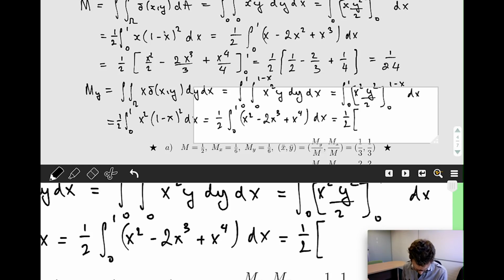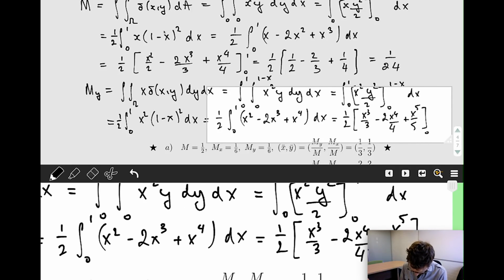Doing the x integral is going to give me x cubed over 3 minus 2x to the fourth over 4 plus x to the fifth over 5 from 0 to 1. And if you put in those numbers, you'll get 1 over 60.